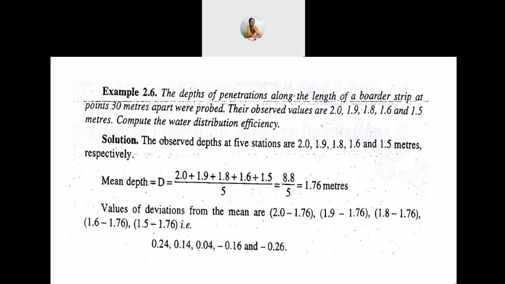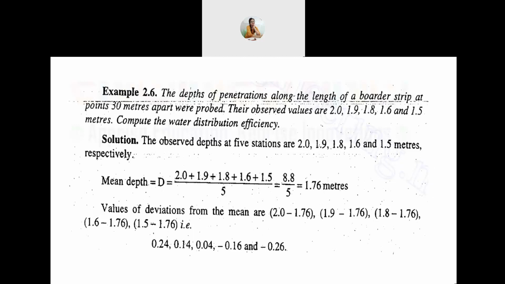The next numerical: the depths of penetration along the length of a border strip at points 30 meters apart were probed. Probed means placed. The observed values were 2.0, 1.9, 1.8, 1.6 and 1.5 meters. Compute the water distribution efficiency.